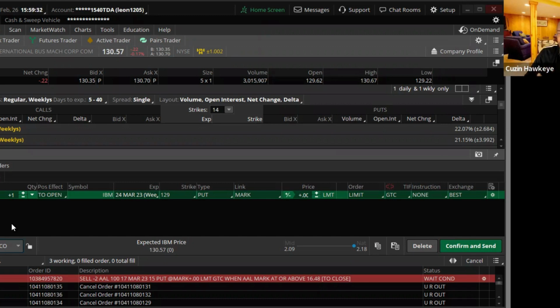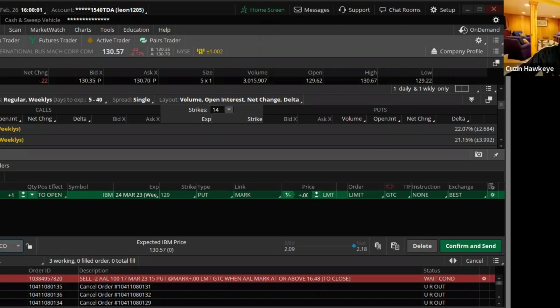So, for example, when you and I go on vacation next month in April, we could do this before we leave if you're not going to be sitting at the computer. Right. So now we have everything set up, the options we want for the week. They're all in place. We're going to have a target and we're going to have a stop loss. So now we don't have to do that for the rest of the week.